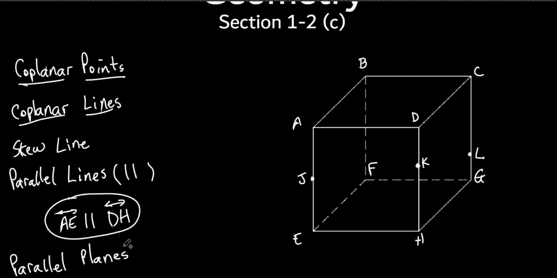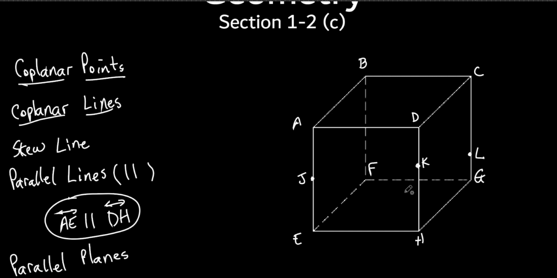So let's look at this picture right here. Let's use the letters that they give us. So let's say this front one. If there's no little letters in the corner, how do we name a plane? We name a line with 2 points. How do we name a plane with points? With 3. That's right, 3 points.